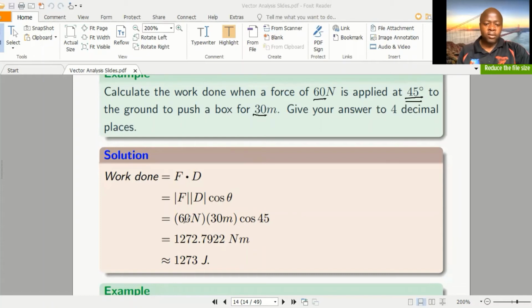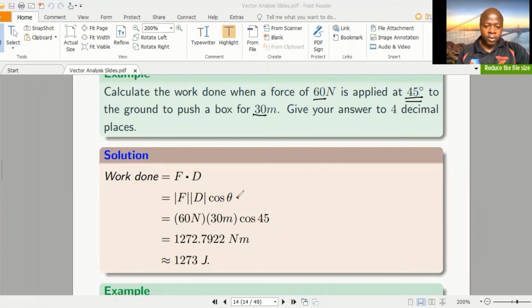On your calculator, doing this, you get 1272.7922 newton meters. And newton meters, you can write as joules. So this is approximately this; I just rounded off to the nearest whole number.